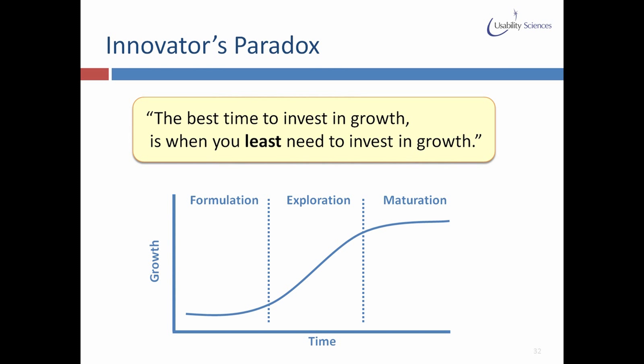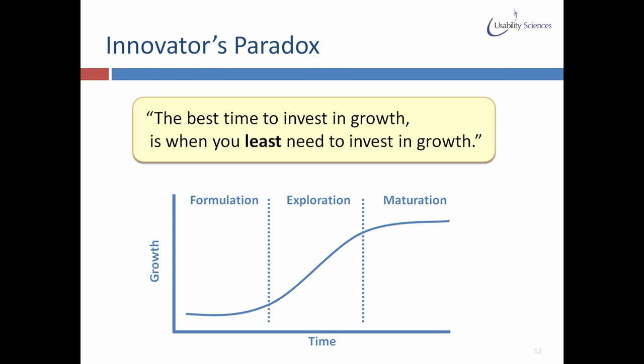But something else that's very interesting to take note of in these three examples, these trends that we've seen in other areas, it's not just user convenience, but they also embody something known as the innovator's paradox. And what the innovator's paradox states is that it's the best time to invest in growth when you least need to invest in growth.